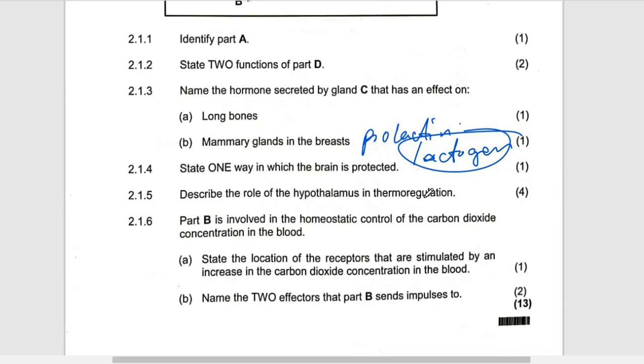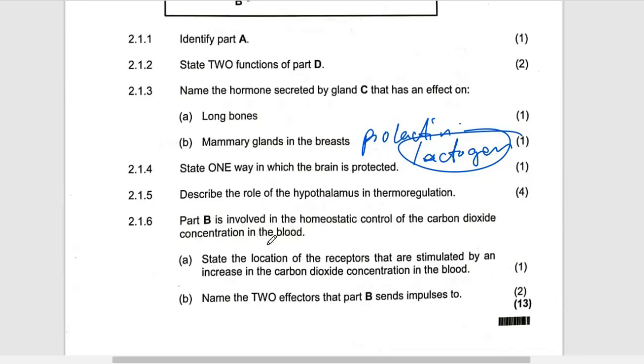So basically you can say that it receives and interprets impulse from the receptor, that is the skin, and also sends the impulse to the blood vessels of the skin, either to constrict or to dilate. You understand? And also influences the sweat gland, either to be more active or less active. Basically, that's what you need to know, because they didn't ask you whether it is cold conditions or hot conditions.